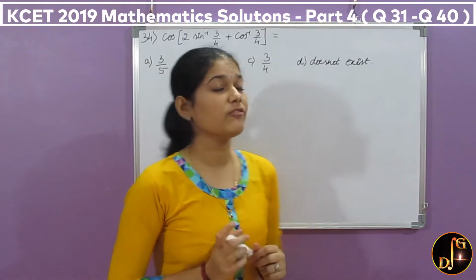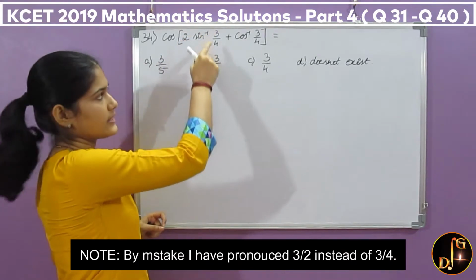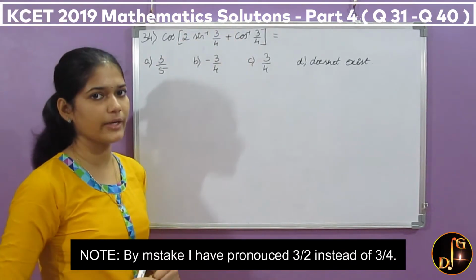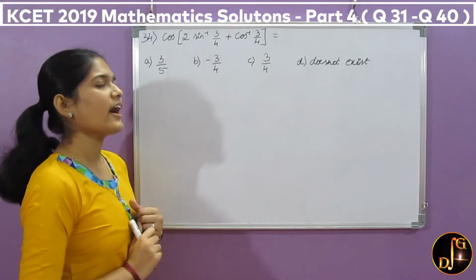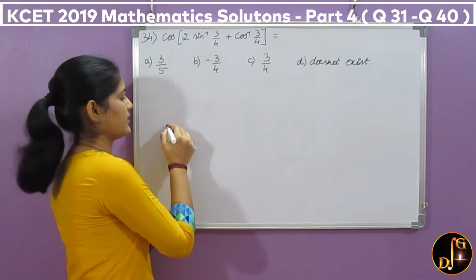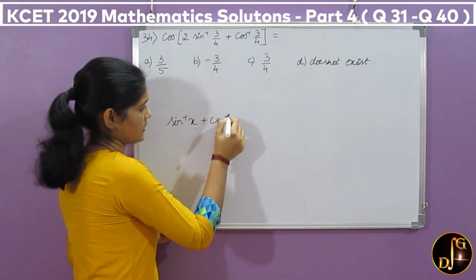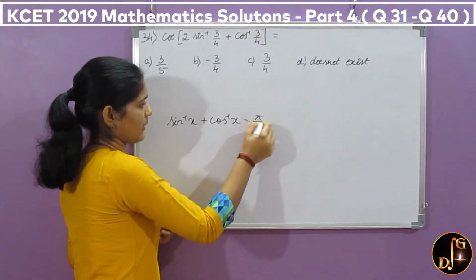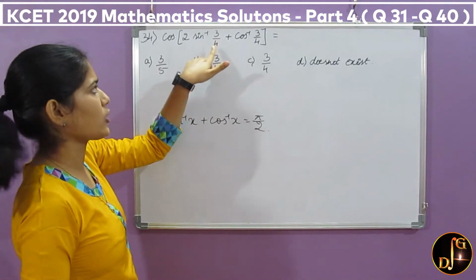In this problem, we have to find the value of cos of 2 sin inverse 3 by 4 plus cos inverse 3 by 4. How to solve this problem? We have some formula, right? That is sin inverse x plus cos inverse x is equal to pi by 2. Here x is fixed. That means here also we have 3 by 4.